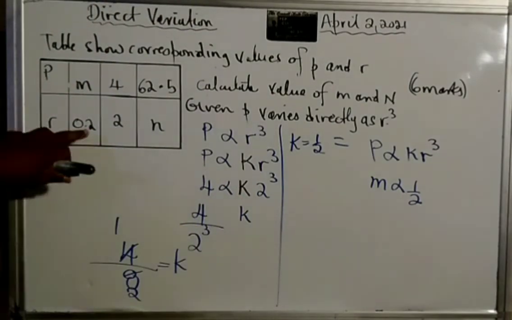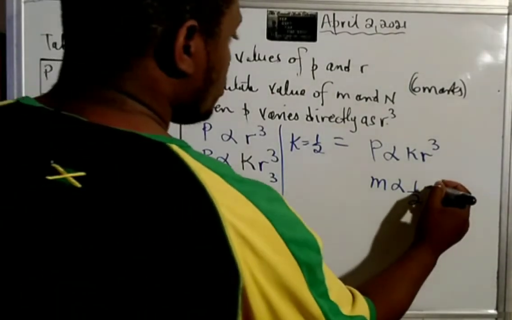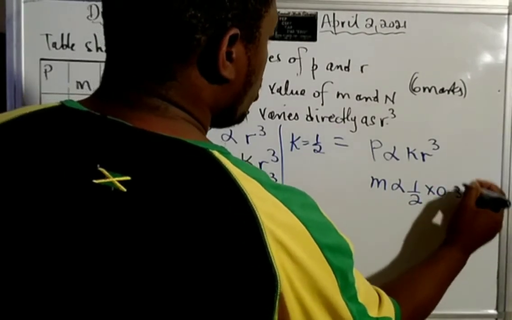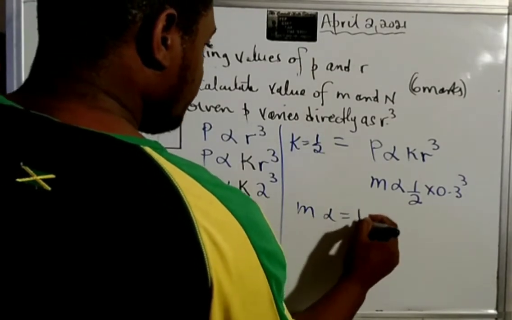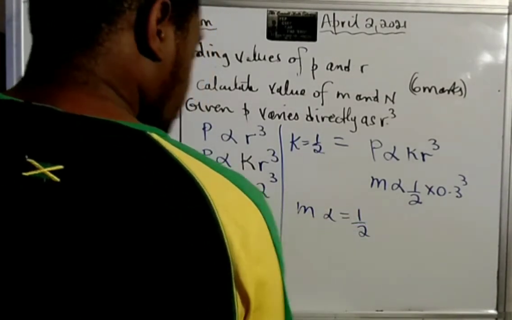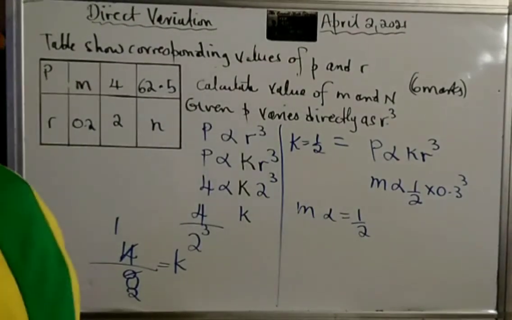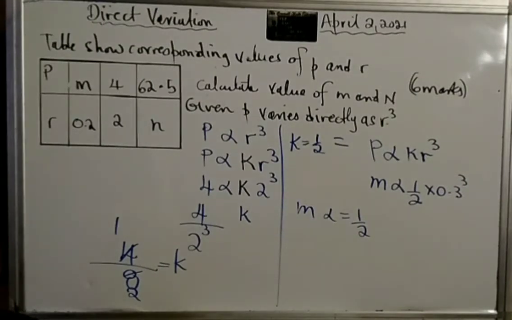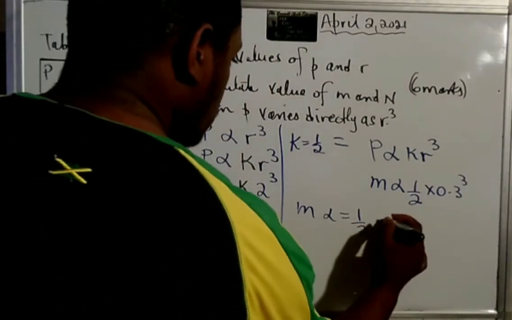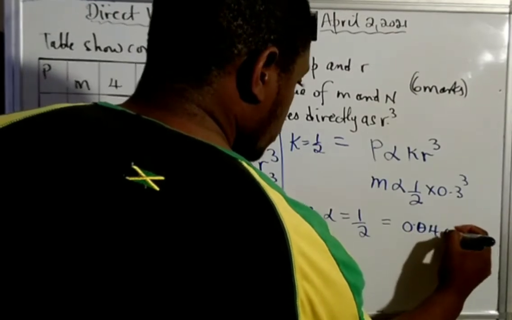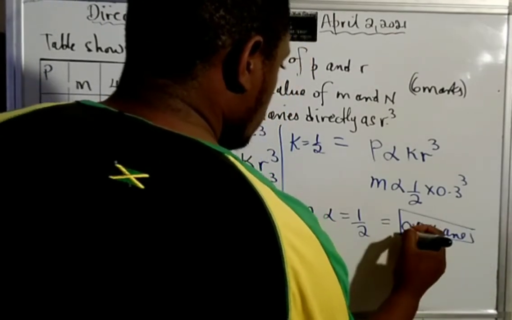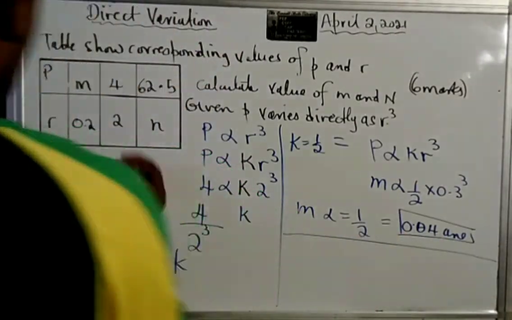And R is 0.2, so that would be 0.2 cubed. Just use the calculator to do everything. Let's see what we get. That works out to 0.04. So M would be 0.04.